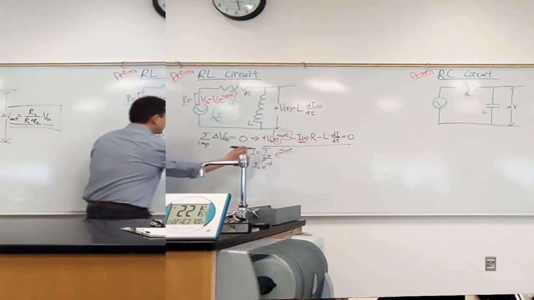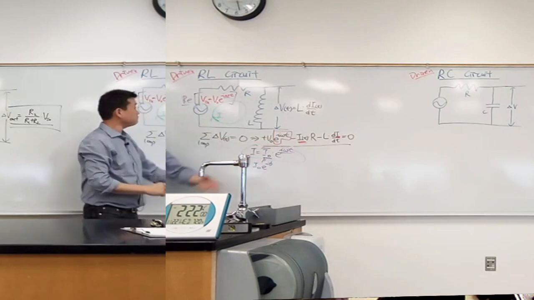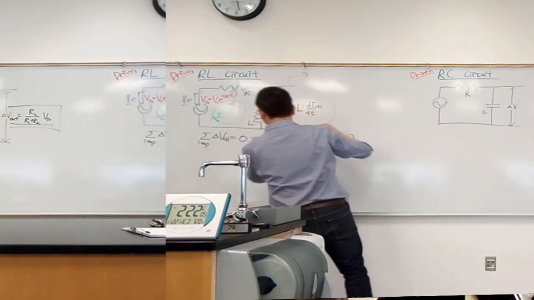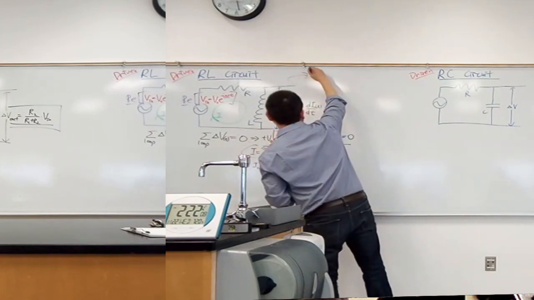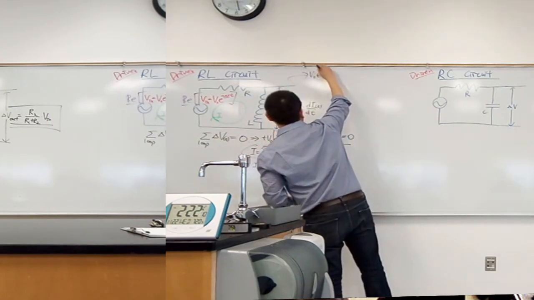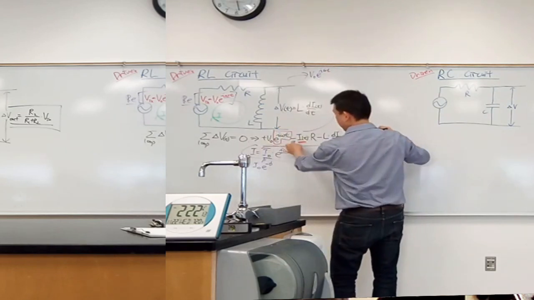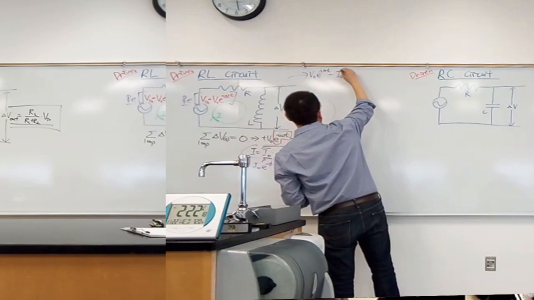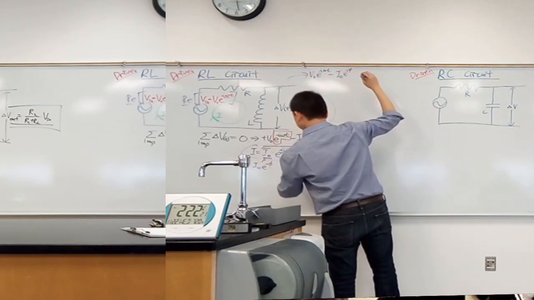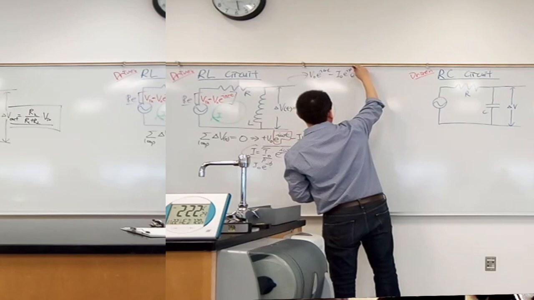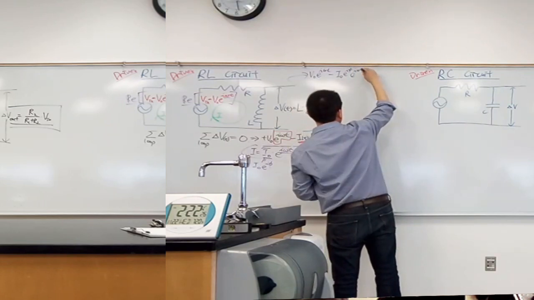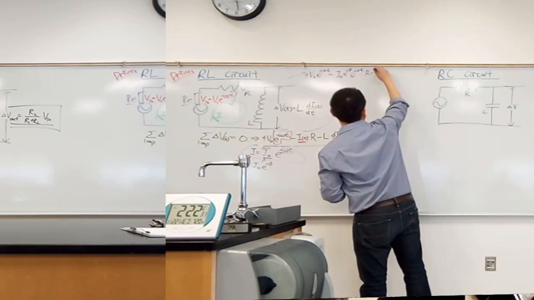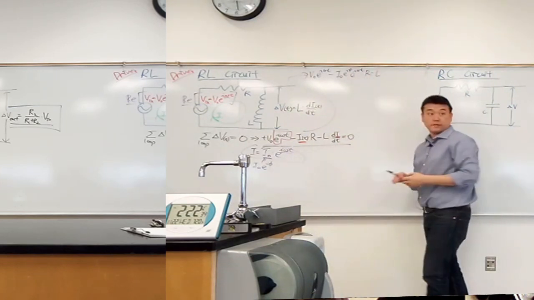Okay. So let me use this as my guess. So I'm going to plug this in here, see what I get. The first term doesn't have any I in it, so it'll be V naught e to the I omega t minus I times R, minus I naught e to the I phi times e to the I omega t times R, minus L times the first time derivative.